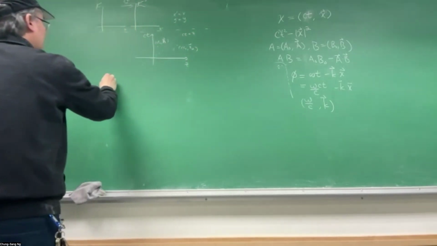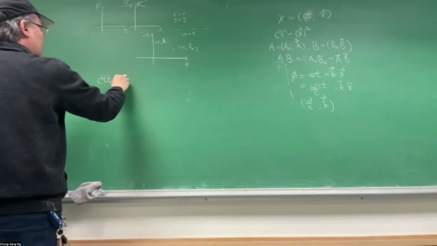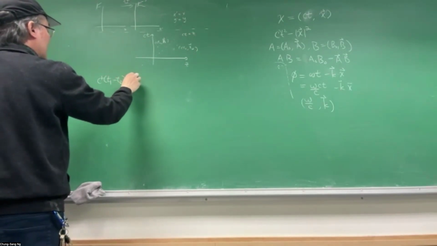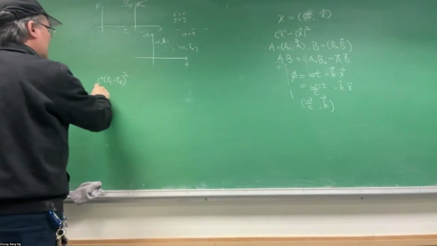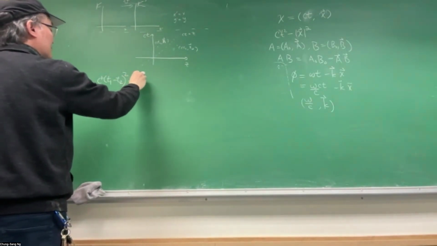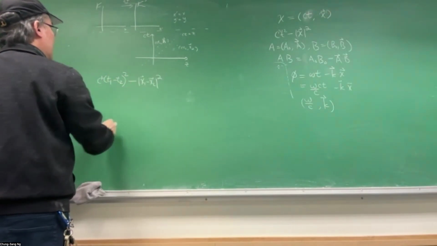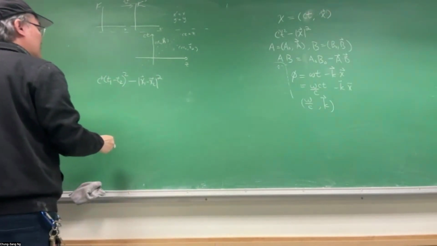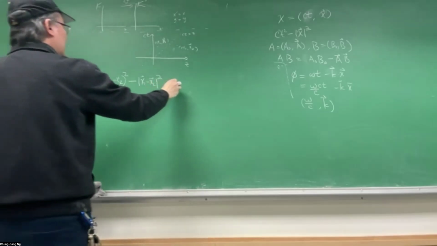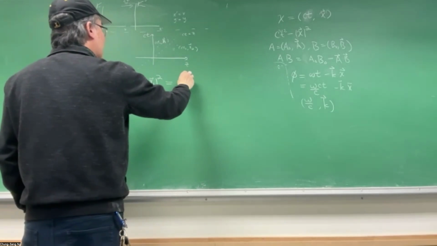So you have c squared (t1 minus t2) squared minus (x1 minus x2) squared. It's invariant, which means this is the same as measured in another frame.